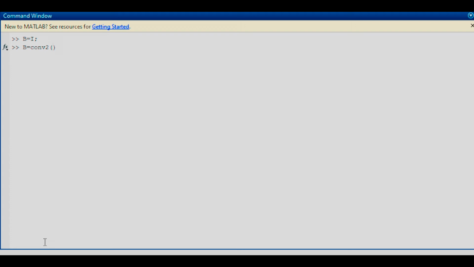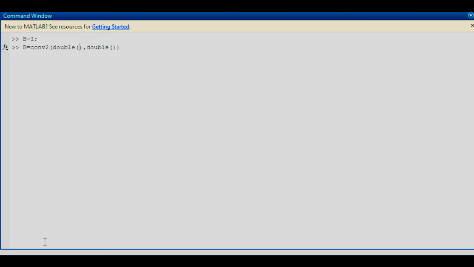And now what I'm going to write is double and double. These two are the parameters, and the parameters are going to be matrices, obviously, but the matrices have to be in the form of double, because MATLAB does not convolve unsigned integer images that have 0 as their black and 255 as their white.